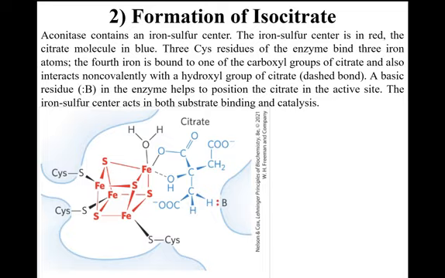And then a basic residue in the enzyme helps to position the citrate in the active site, which is shown right here. And the iron sulfur center acts in both substrate binding and catalysis.